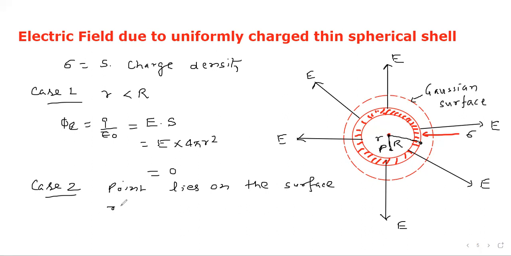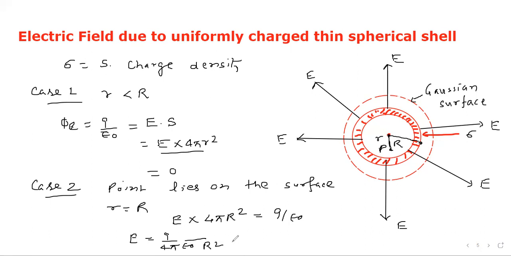In that case, small r equal to capital R. So E times 4 pi r square equals Q upon epsilon naught, or E equals Q upon 4 pi epsilon naught r square, but 4 pi r square can be taken as the surface area. So Q upon area will give the surface charge density. So we can write it as sigma upon epsilon naught.